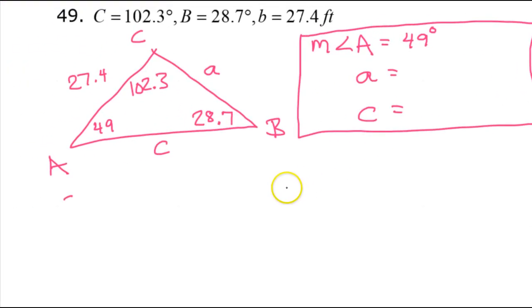Now I'm going to do that again, filling in the numbers as I go. I'm looking for side A, so I put that in the numerator.